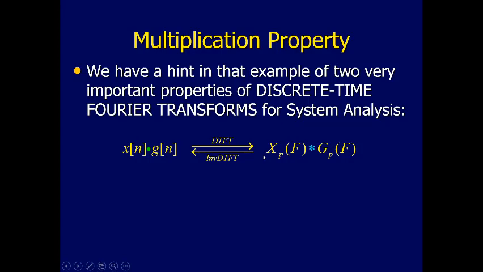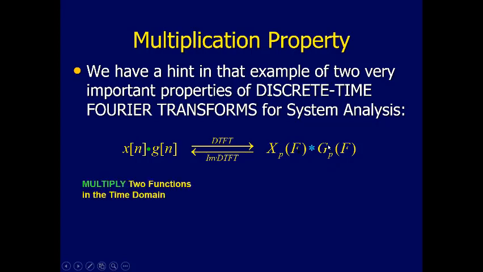Now, this was a result that we also saw in continuous time Fourier transforms. There's a difference here, though, in discrete time, because remember, our discrete time Fourier transforms are periodic functions. So this convolution I do is periodic convolution.